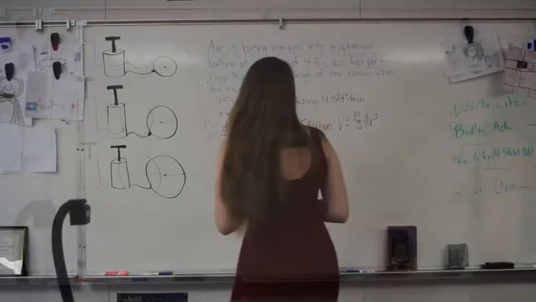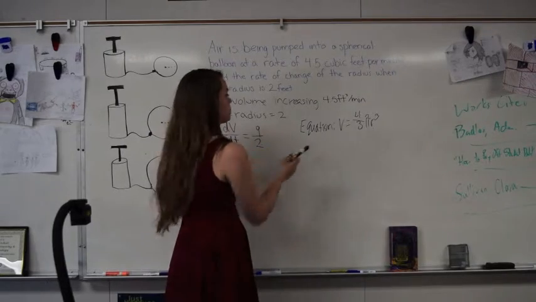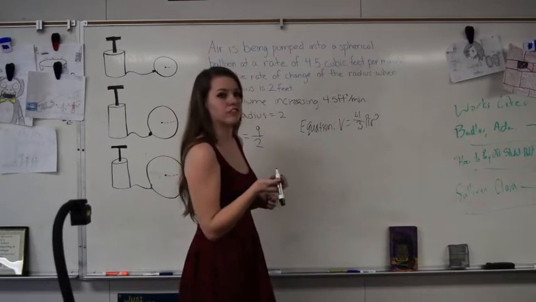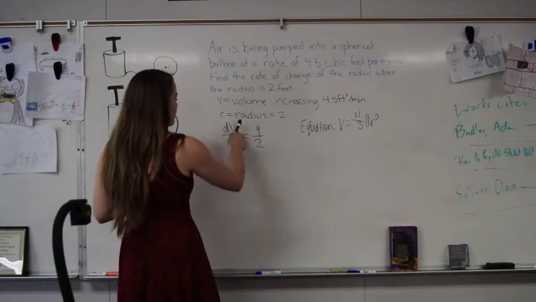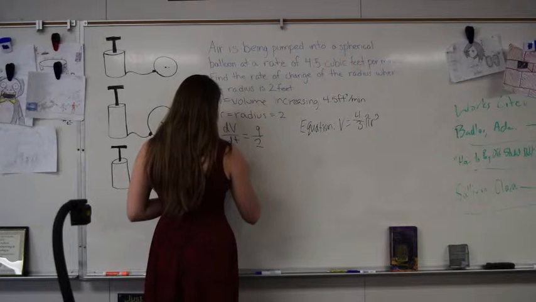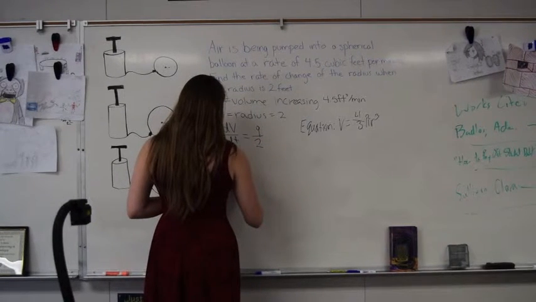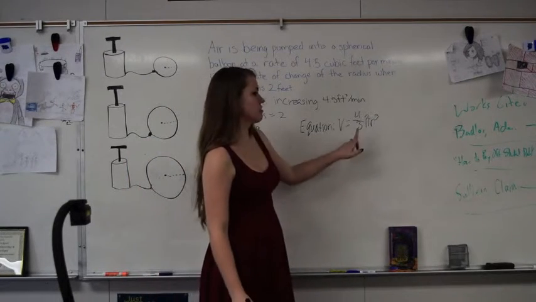Sure. So we need to differentiate the equation for volume of a sphere using implicit differentiation to solve for the change in radius. So we have dV over dt. To do this, we must begin using power rule.